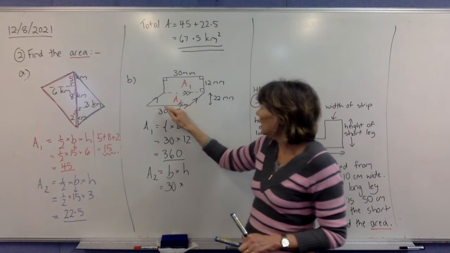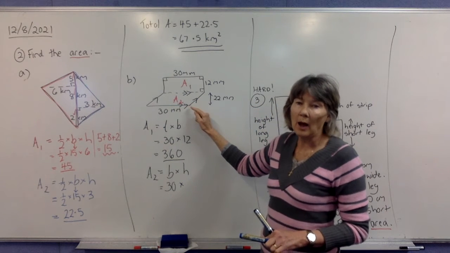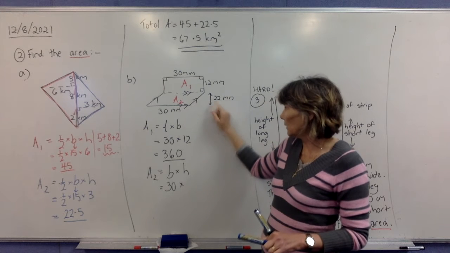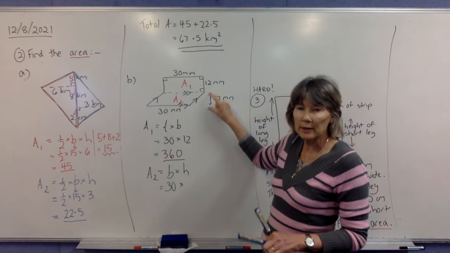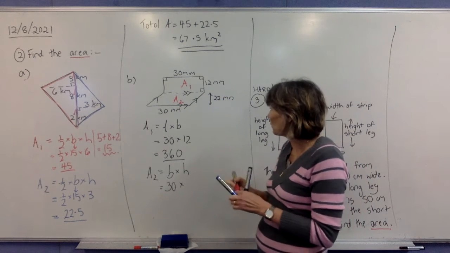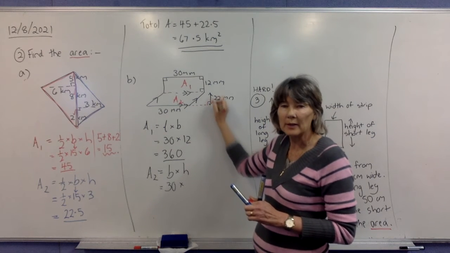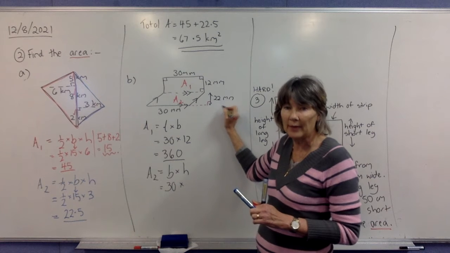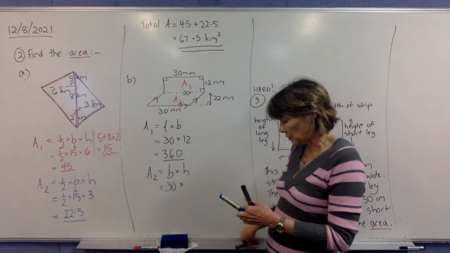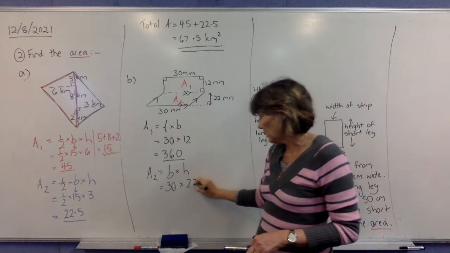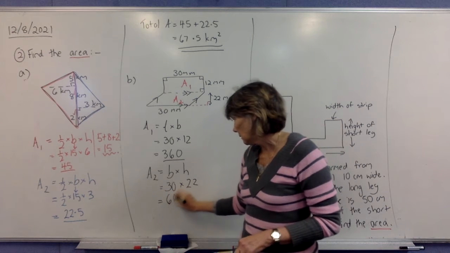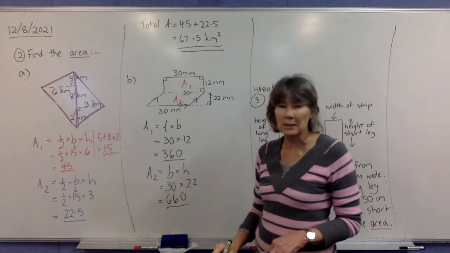So you've got to think, if my base, I have to extend it a bit and see a right angle. That's what they're trying to tell you here. They're trying to show you that if we extended this, there would be a right angle here. So they're giving you the perpendicular height there. So that's 22. And you go to your calculator and you'll get 660.